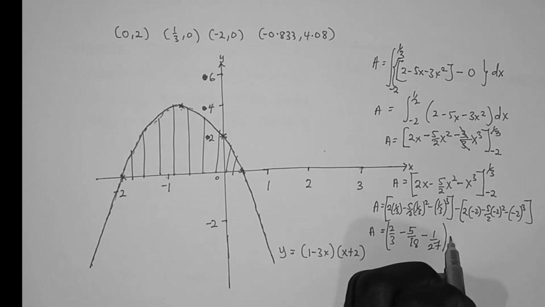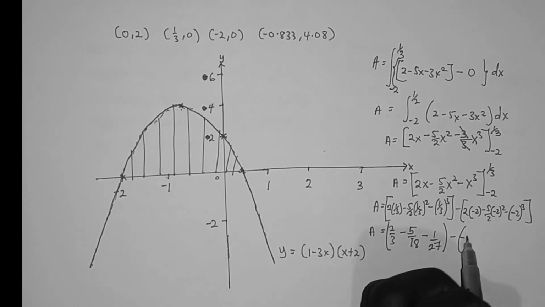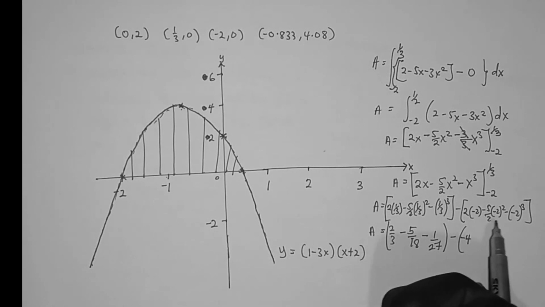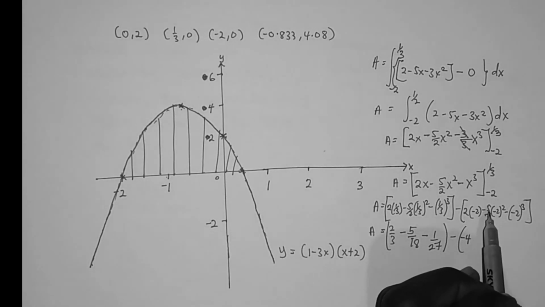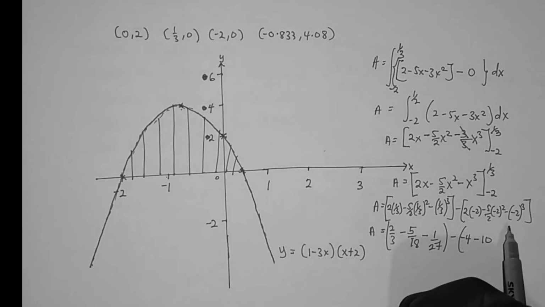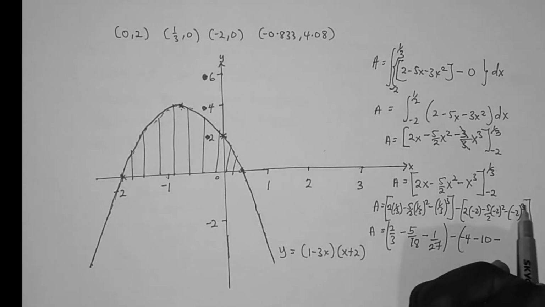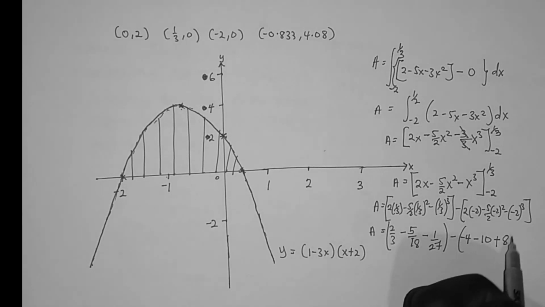And bracket close, minus 2 times minus 2 is minus 4. Then minus 2 squared is 4 times minus 5 over 2 becomes minus 10. Then minus 2 cubed is minus 8. So minus 1 times minus 8 becomes plus 8.